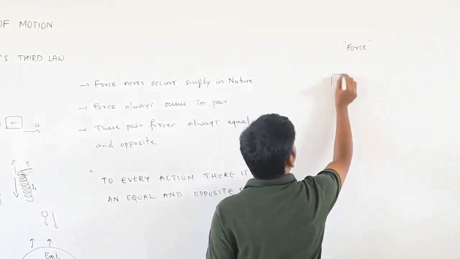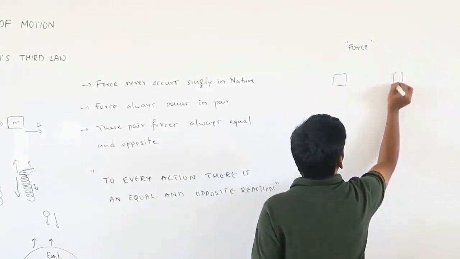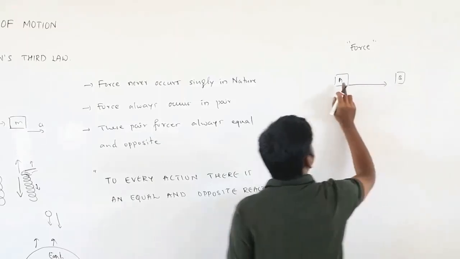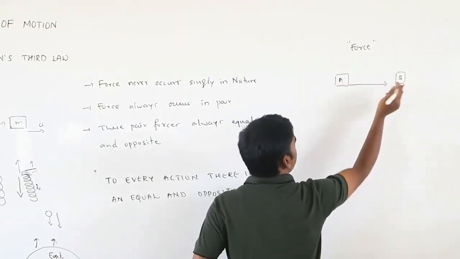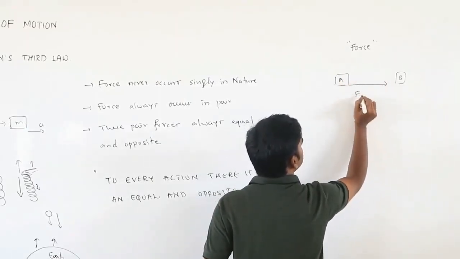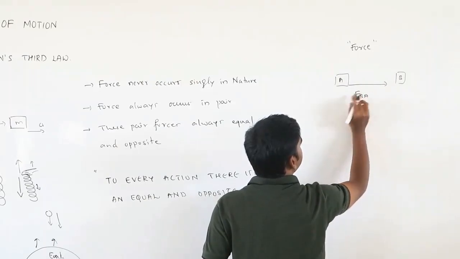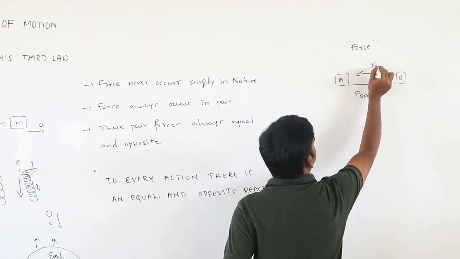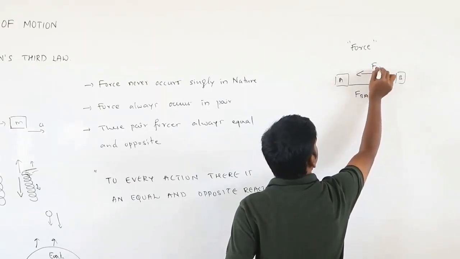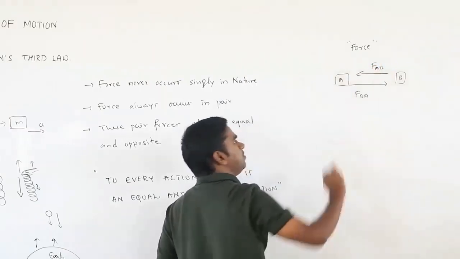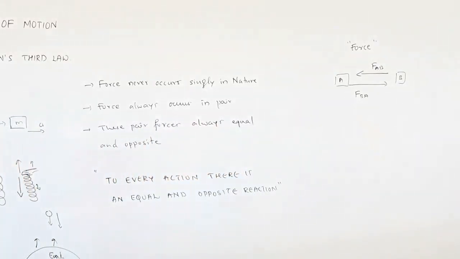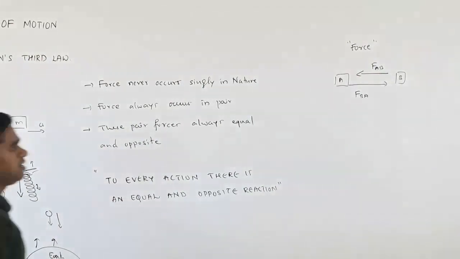Suppose there is one body and there is another body. This is A and this is B. The force applied on B by A should be equal and opposite to the force applied by B on A. Force applied on A by B, or you can say force applied by B on A. So these two forces always exist in nature.